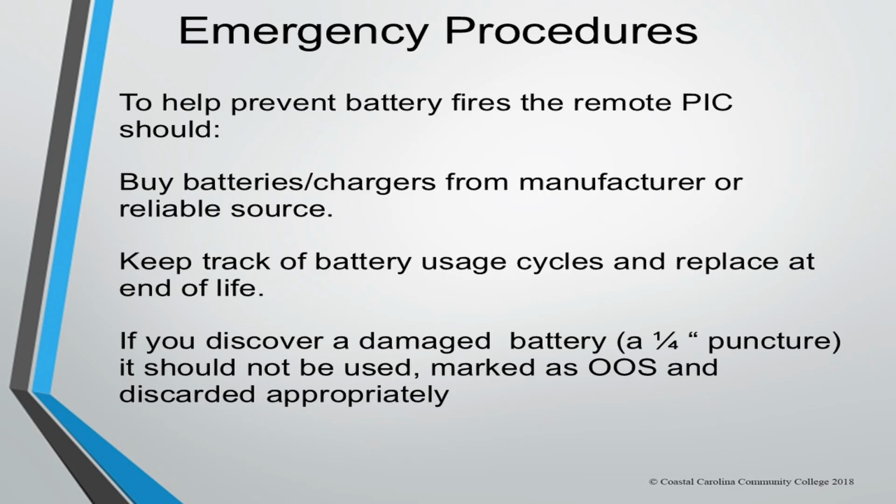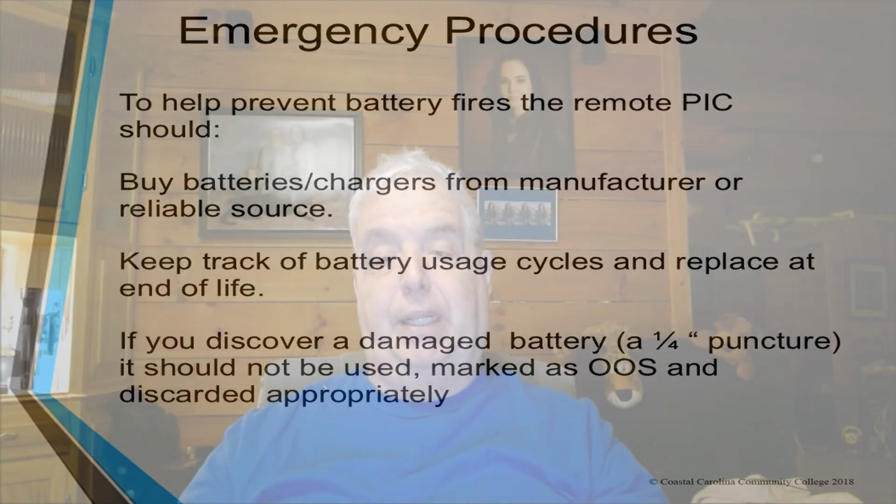And if you discover a damaged battery, say a 1/4 inch puncture, it should not be used, marked as OOS, and discarded appropriately. The couple times I've had a damaged battery, I discovered it because it would not slide into the drone. It had swollen enough, and the tolerances are close enough that a swollen battery will not go into the drone.